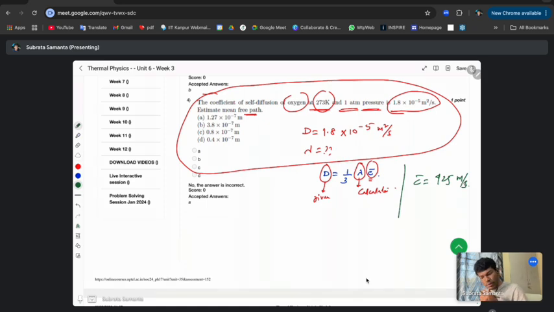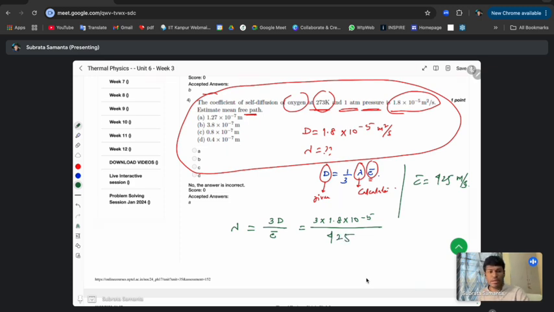So I want to calculate lambda. It's very easy. Lambda equals 3D over C bar, the mean velocity. So 3 times D, which is 1.8 times 10 to the power minus 5, over C average, which is 425. Now all are in SI units.